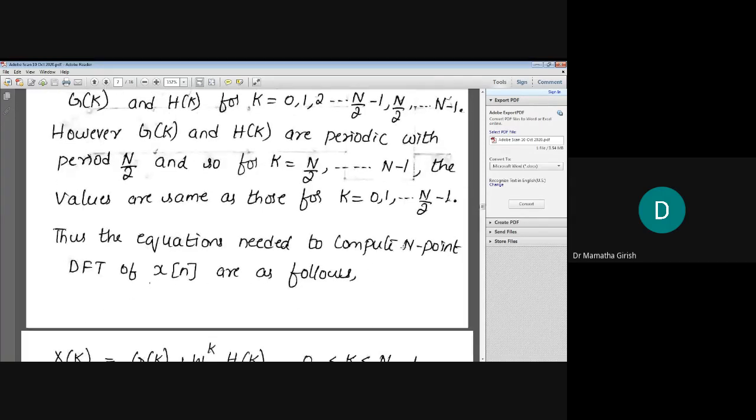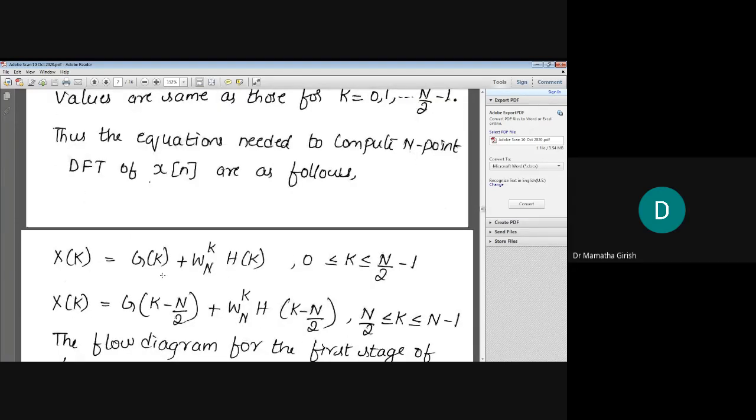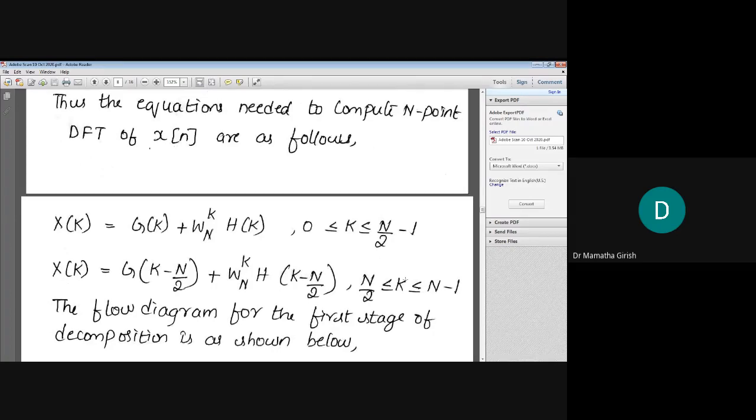That is why, to compute the N-point DFT, the equations to be generalized are: X of k is given by this particular equation for k running between 0 to N by 2 minus 1. But for k running from N by 2 to N minus 1, this is the equation. And note that, for example, if I substitute the first value of k as N by 2, N by 2 minus N by 2 is G of 0.